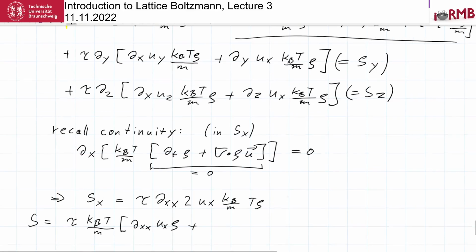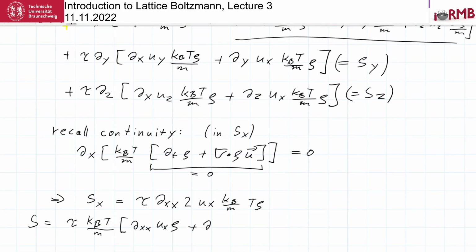plus I take the dyy ux rho, which is coming from the Sy term. So this is this thing together with this derivative here, plus I take dzz ux rho, which is this term.